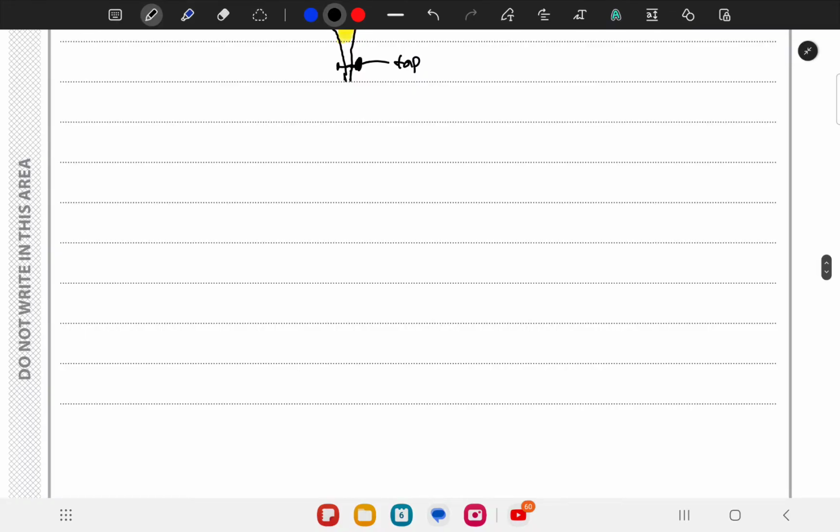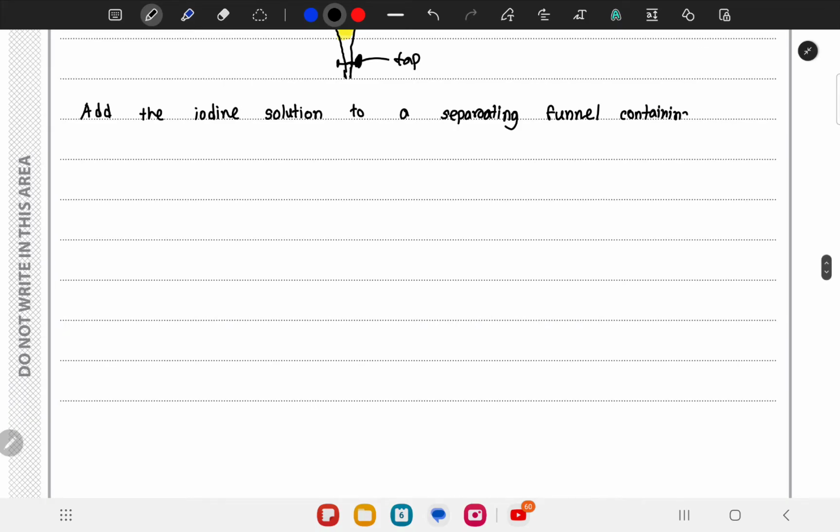So if we write our answer, we would first add the iodine solution to a separating funnel containing cyclohexane, and then we gently shake or invert.